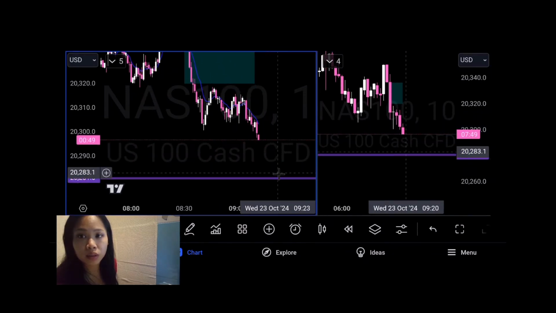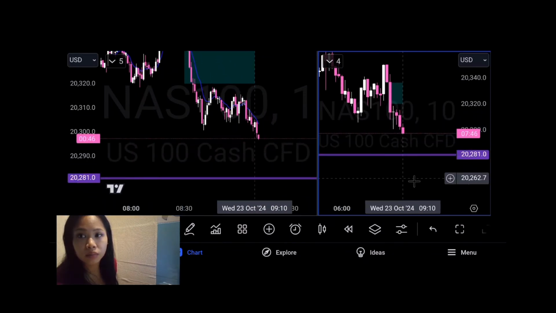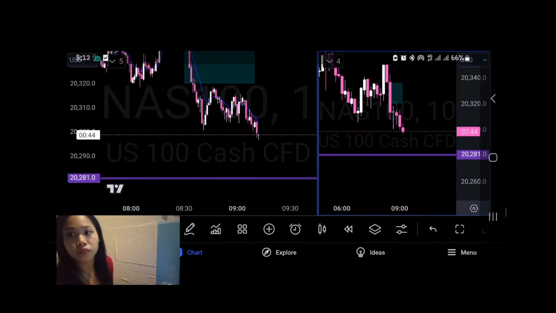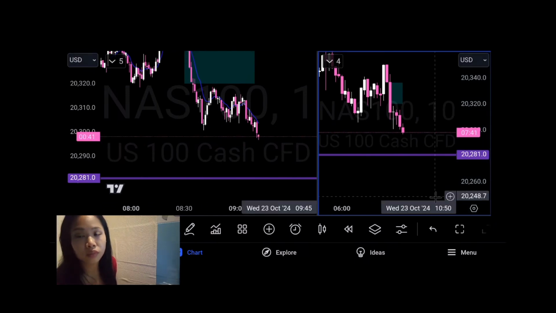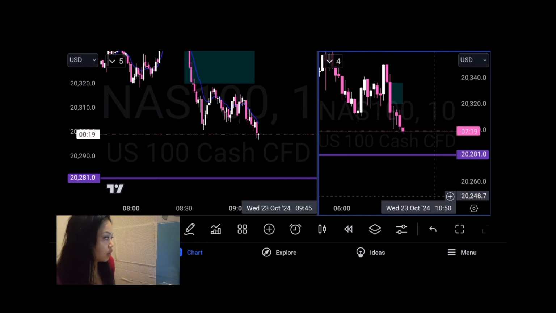Looking for price to come to this area here. See if it does that. Gold is really bearish right now. It was at an all-time high, and now it's dropped from that high.